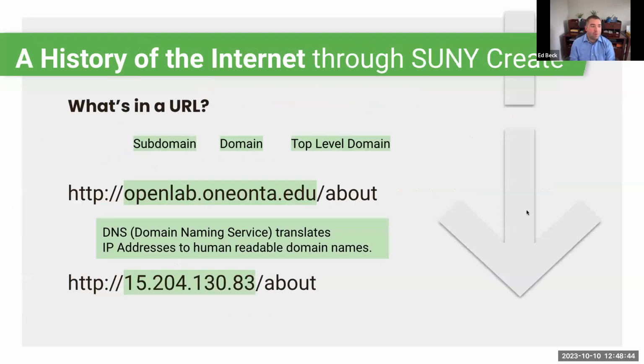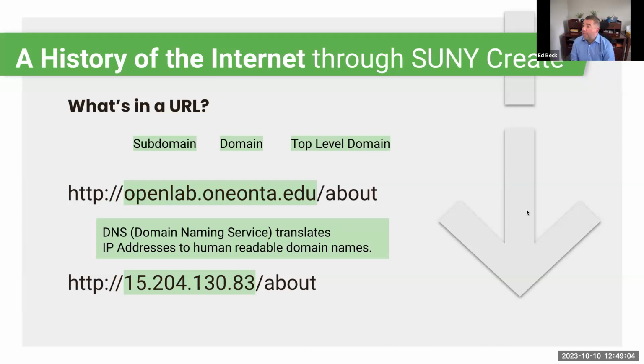And so when we talk about what's in this domain, what we're really talking about is you have an IP address. And we've given your IP address, that no one could ever remember, a very memorable name.